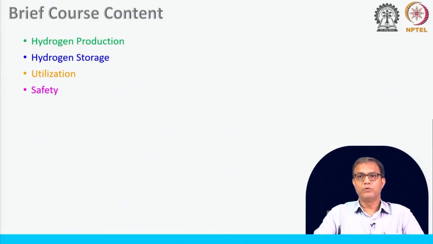So, we have to look into the safety aspects of using hydrogen. Other than that, before we start this discussion on cryogenic hydrogen, it is important to look into the hydrogen properties. There are very peculiar properties of hydrogen, particularly at low temperature. So, we will be looking into them in detail in the coming lectures.